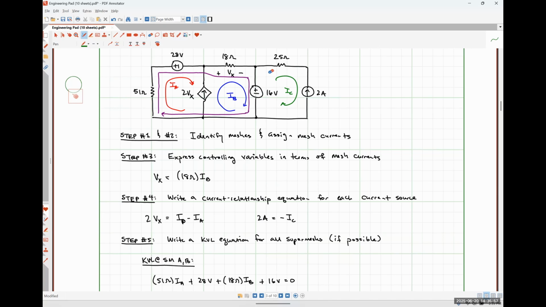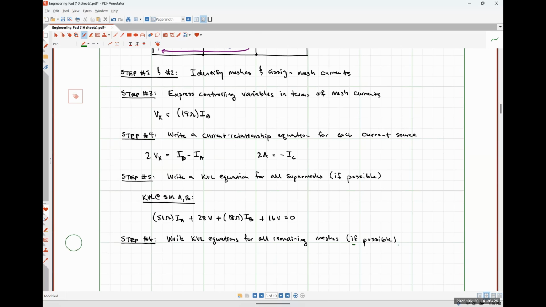I want us to look back here and think about something real quick. How many total unknown quantities do we have? Four. We have our three mesh currents, IA, IB, and IC, and our controlling variable, Vx. How many equations have we written? Four. So we don't actually need any more. That's why I have this caveat here, if possible, because we're going to run into cases where we literally can't write a KVL equation.